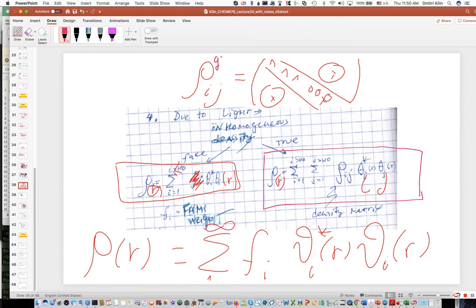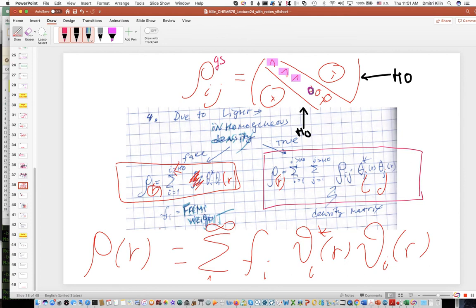So for ground state, there are non-zero values along the main diagonal only until HOMO. Until indices, both i and j, take the value of HOMO. All other elements on the diagonal and away from the diagonal are zeros.